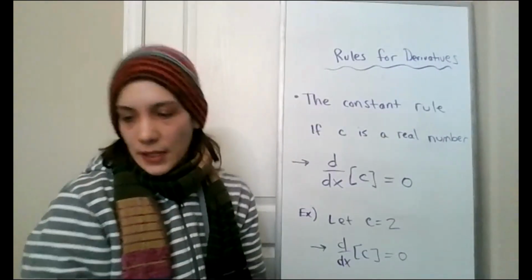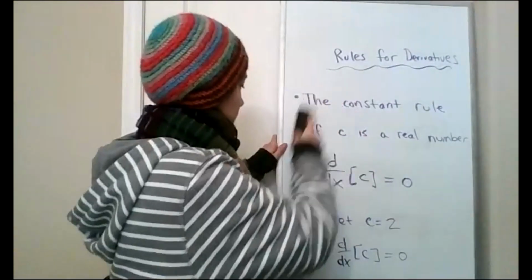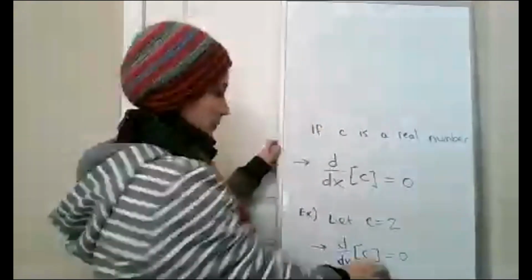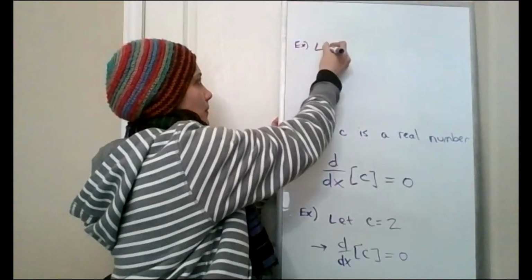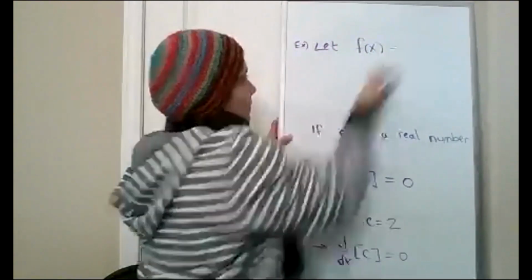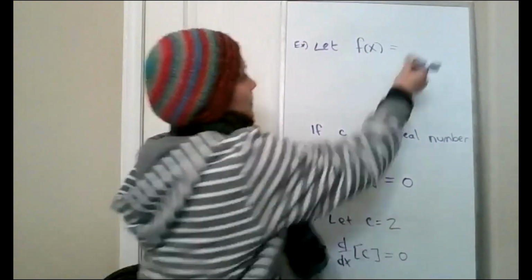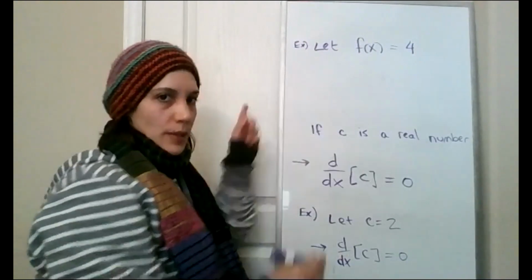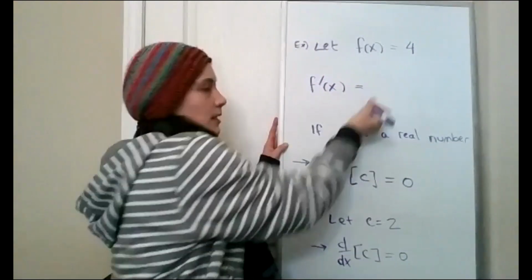Okay, I also have, we'll let f of x equal 4. And then take the derivative. So f prime of x is 0.